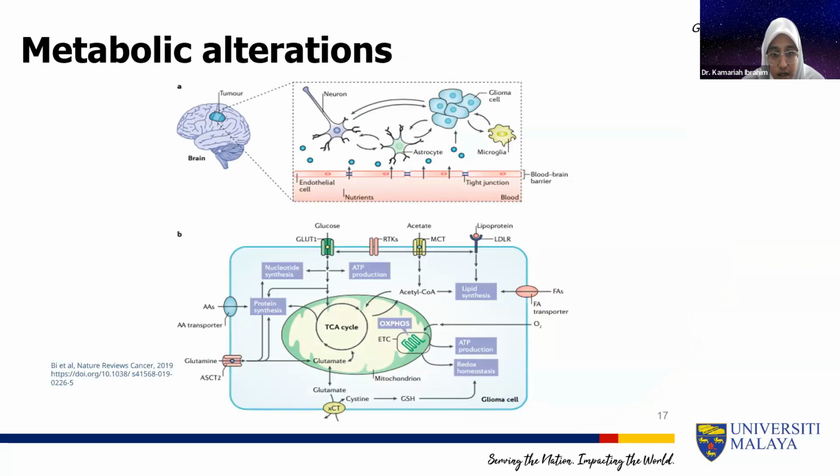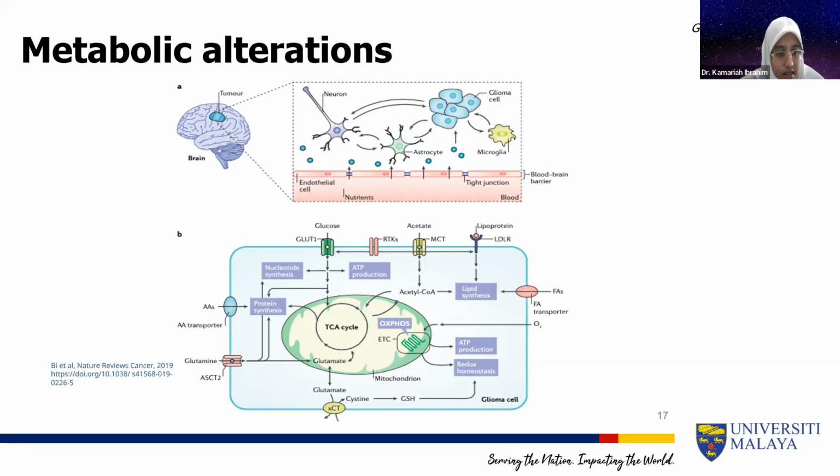You can see here the blood-brain barrier, and there are a lot of blood supplies and nutrients that allow nutrients to be supplied to the glioma cells. The blood-brain barrier, which is formed by specialized brain endothelial cells, leads to a biochemical environment for gliomas that differs from that of other cancer types, and there's a specialized architecture and a unique tumor microenvironment.